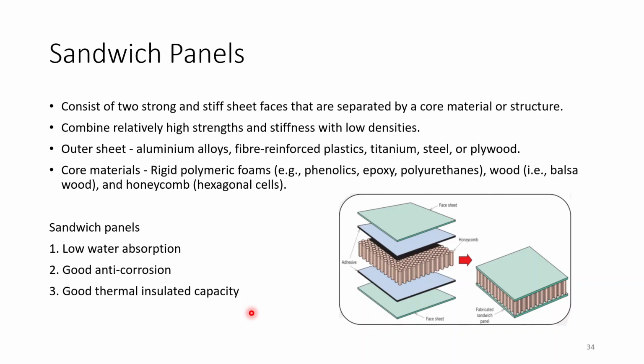Core material is made of rigid polymeric foams, for example phenolics, epoxy, polyurethanes, or it can be wood such as balsa wood, and in the case of honeycomb you can have hexagonal shells. Sandwich panels provide low water absorption, good anti-corrosion properties and good thermal insulation capacity. In between you can put some insulating material, which will provide good insulation properties.